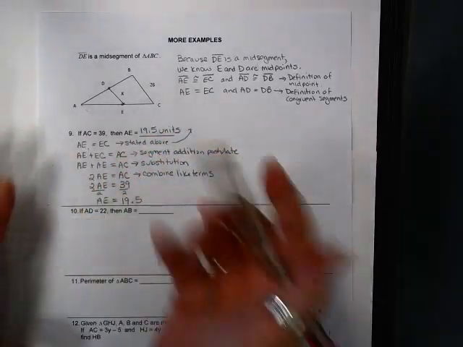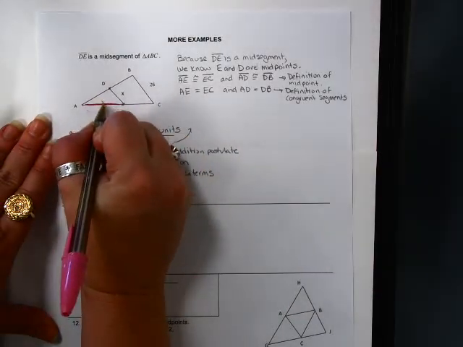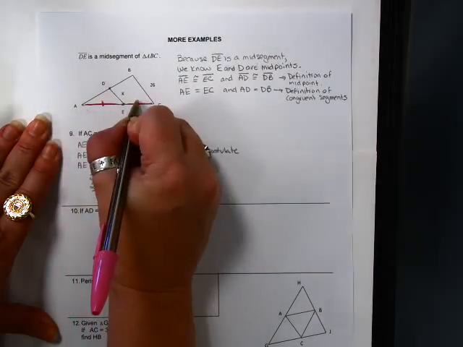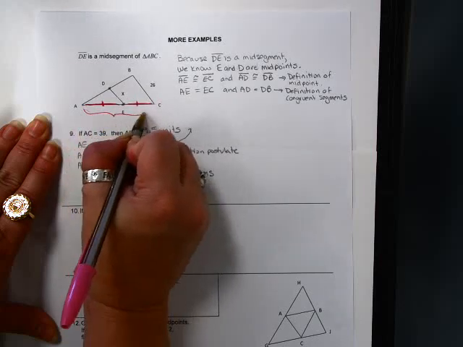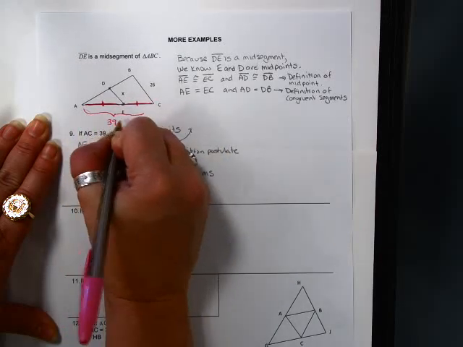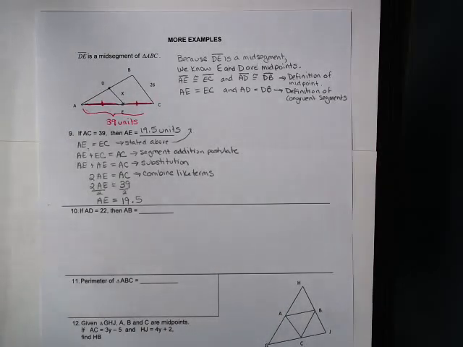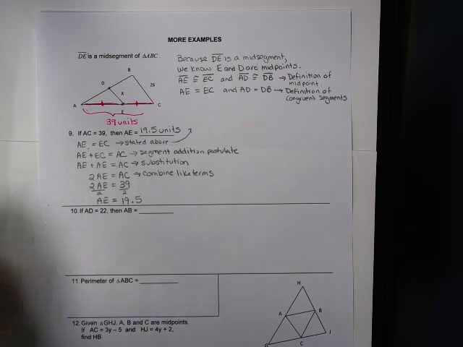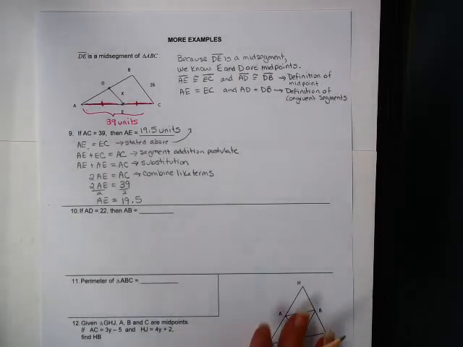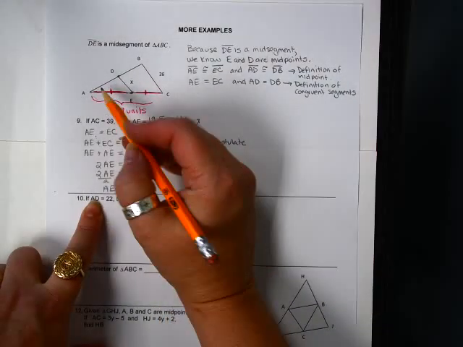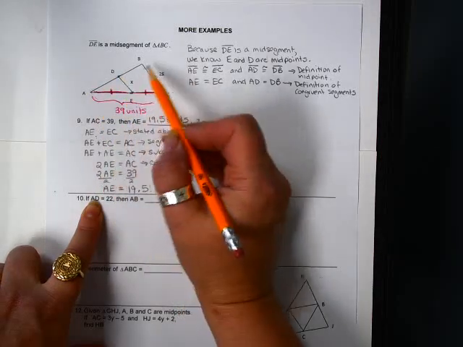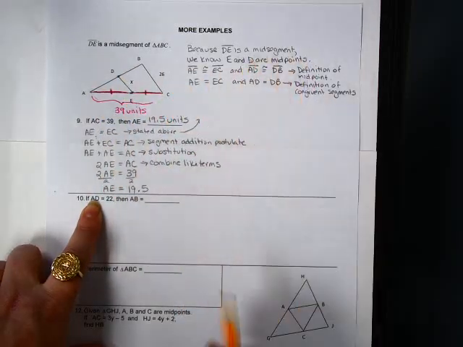Remember that this segment is congruent to this segment, and that the whole side added up to be 39 units. The next one is about AD, this side over here. We're going to use D as the midpoint.